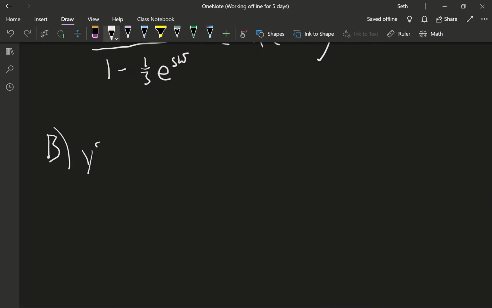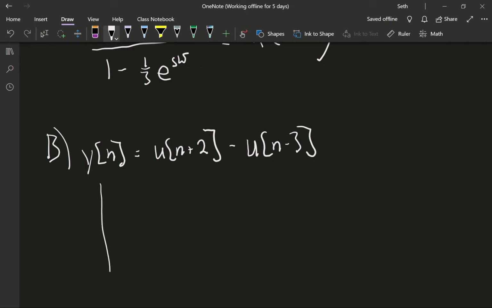Okay, B gives us y of n equal to u of n plus 2 minus u of n minus 3. So let's graph what this looks like.